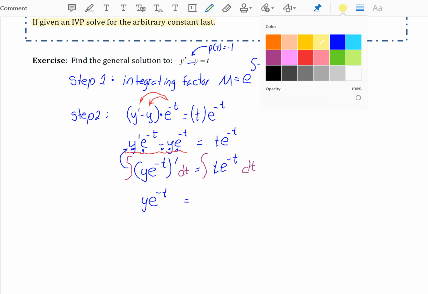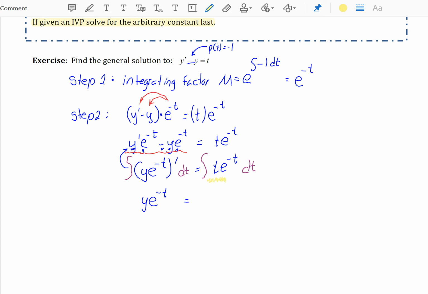Okay. I now have to look at how to integrate the right-hand side. And this is going to take on a variety of forms for us. Here, I would like you to recognize this as an integration by parts problem.